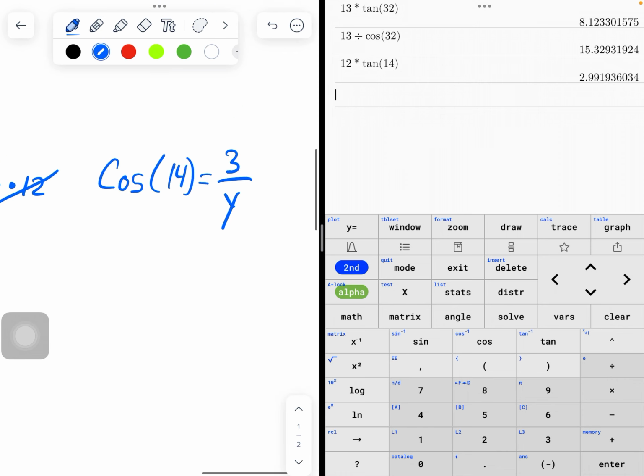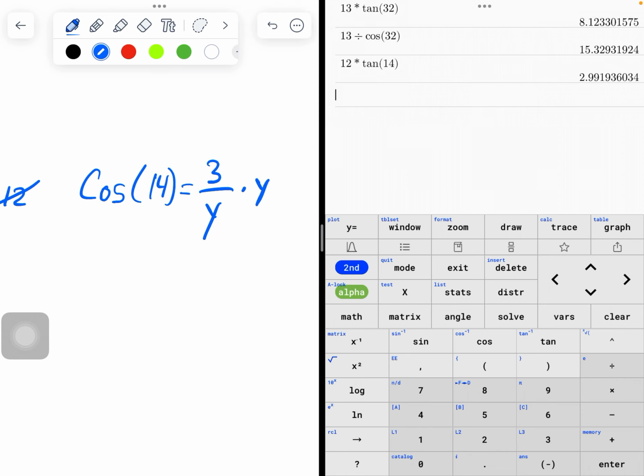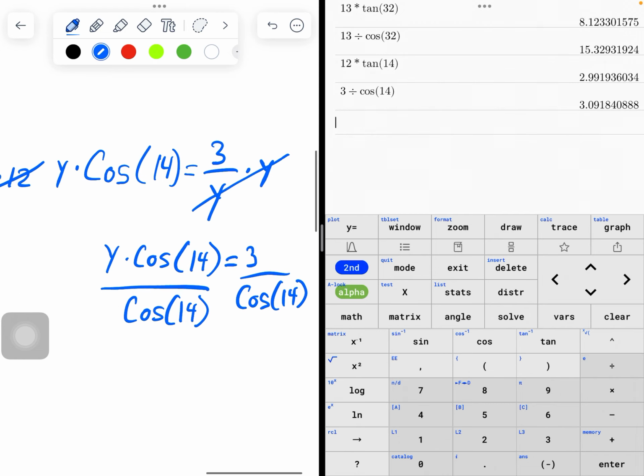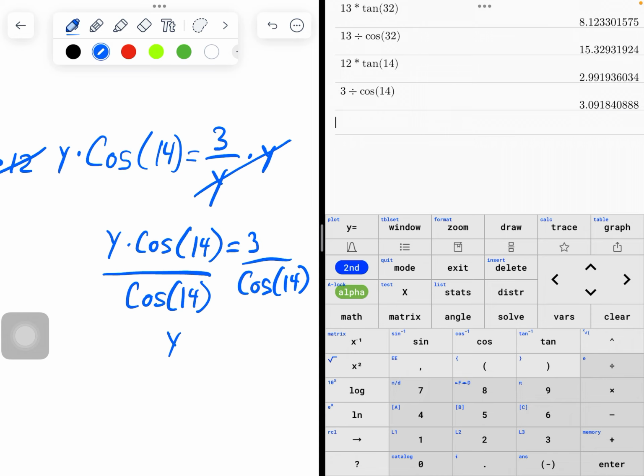And now this time the variable's on the bottom, but I still multiply both sides by y. I end up with y times the cosine of 14 equals 3. I'm going to divide by the cosine of 14 on both sides. So 3 divided by cosine of 14 comes out to be about 3.09.